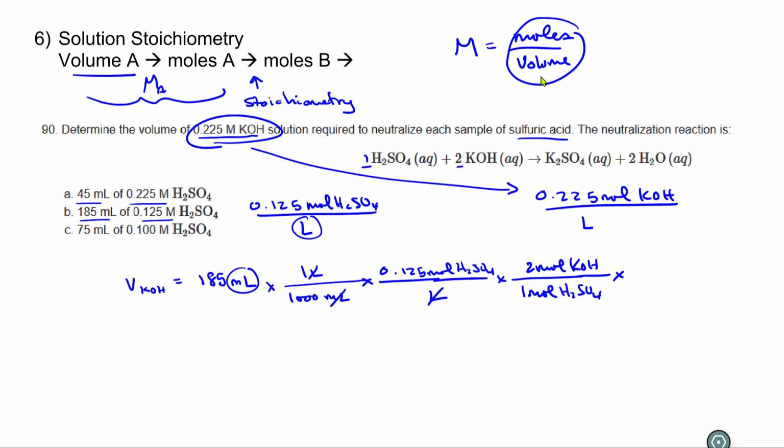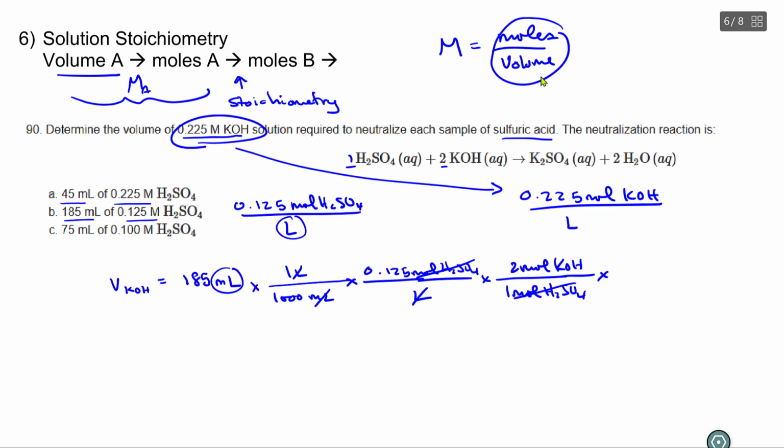And so when you look at these units, the moles of H2SO4 cancel. I need to be able to cancel the moles of KOH. So what I'm going to do is go 0.225 moles for every 1 liter. So I have all my units canceled.